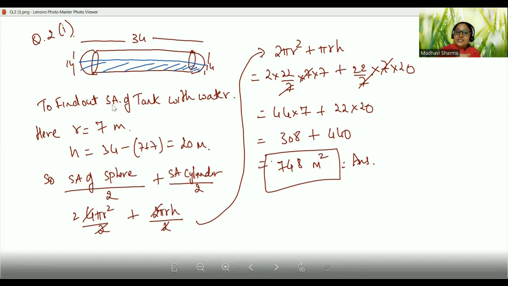To find the surface area of the tank with water, the radius is 7 meters, height is 20 meters. So surface area of the sphere divided by 2 plus surface area of the cylinder divided by 2: 4 pi r squared divided by 2 plus 2 pi r h divided by 2, and you get 2 pi r squared plus pi r h, and the answer is 748 meters square. Let's move ahead.